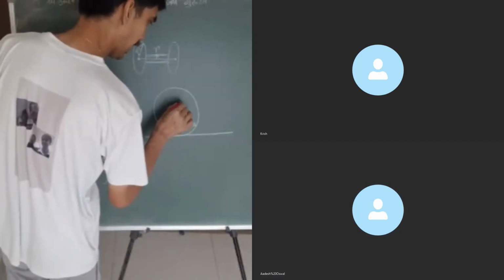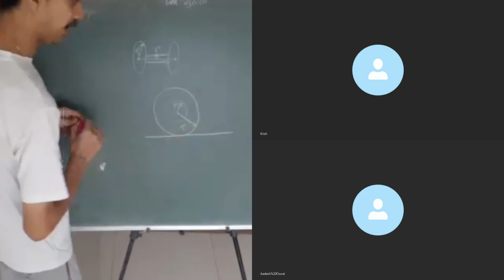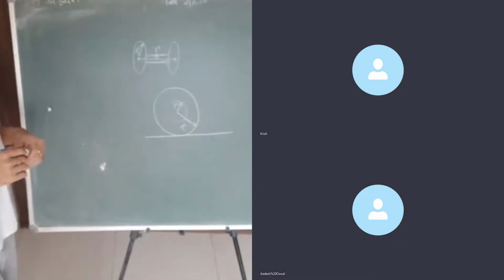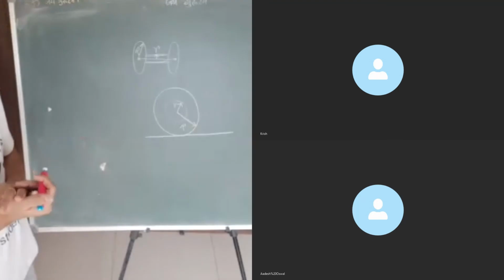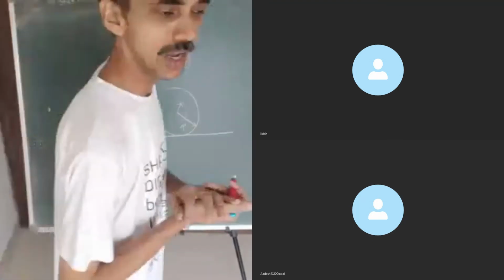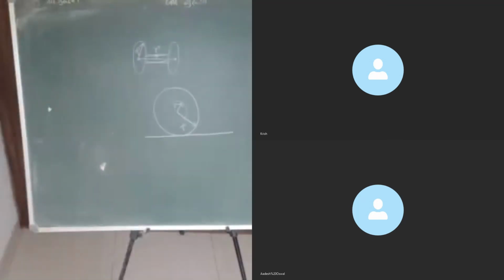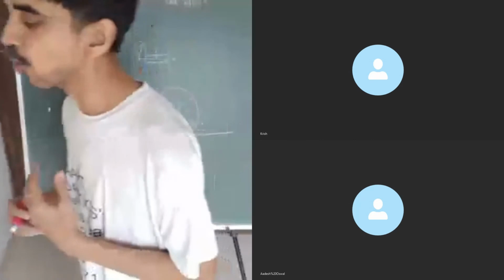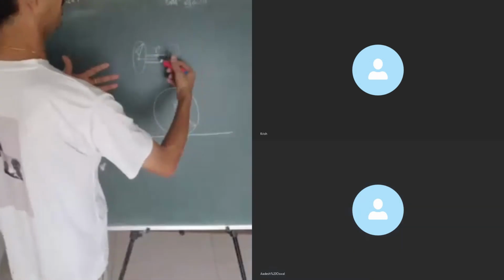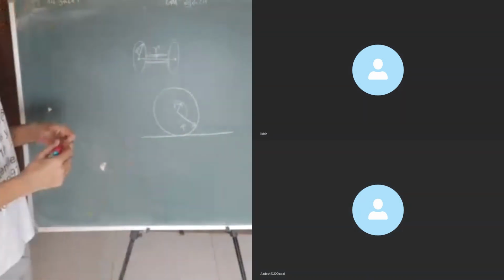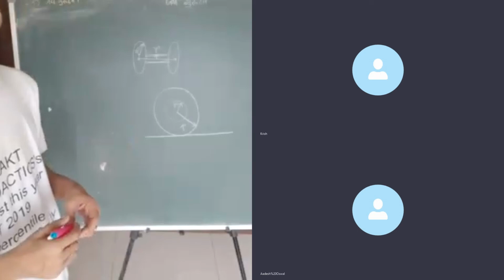Small r relates to the cylinder, and capital R relates to the disc, correct? And what is the purpose of the disc being there? To secure windings. So you can keep on winding layer after layer till capital R.